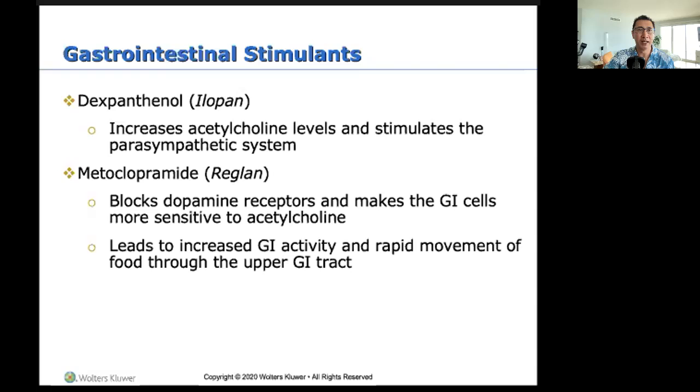Reglan is the best friend of your dietitian. Their job is to formulate the tube feeding for your patient that can't swallow. Maybe they're on a vent, maybe they had a stroke, whatever reason, they can't swallow, so they're going to put them on some tube feeding. And sometimes the patient does not tolerate the tube feeding. Their stomach will not work with it.